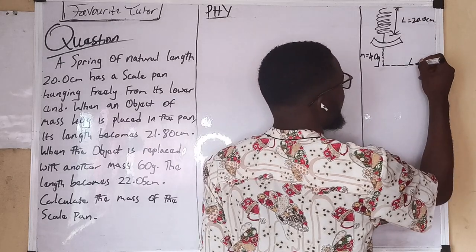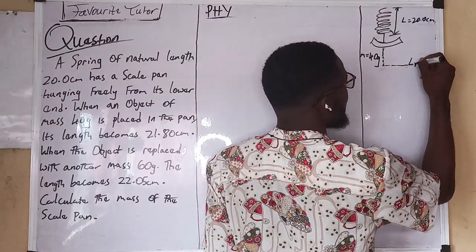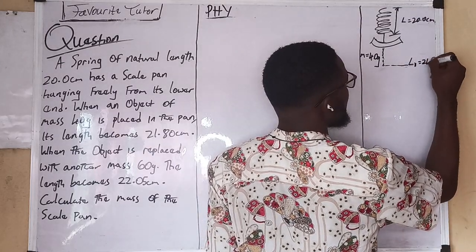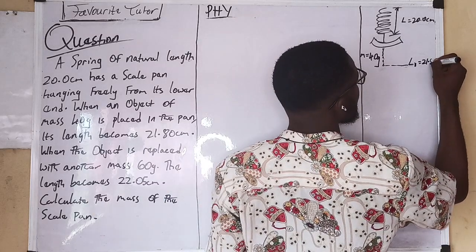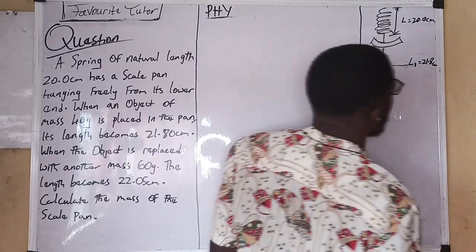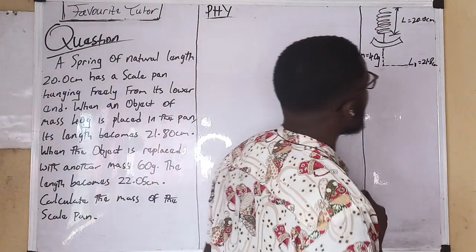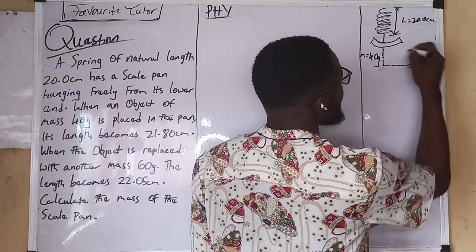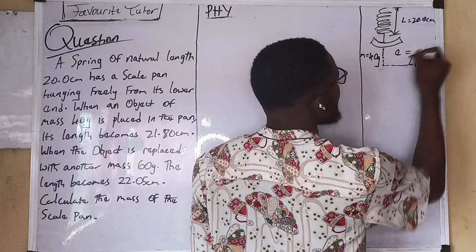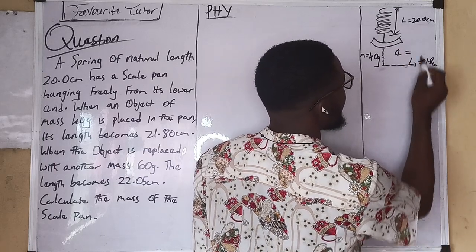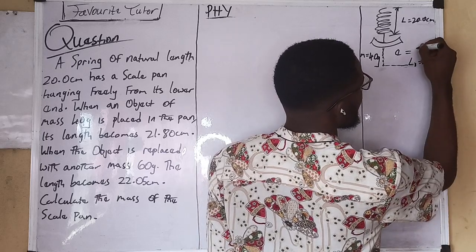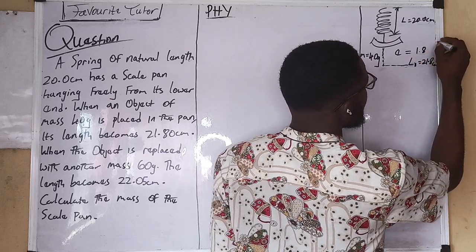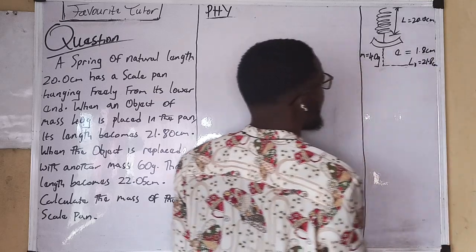We call this length one. The new length is 21.8 centimeter. So what will be the extension? The extension is the new length minus the original length, which is 1.8 centimeter.